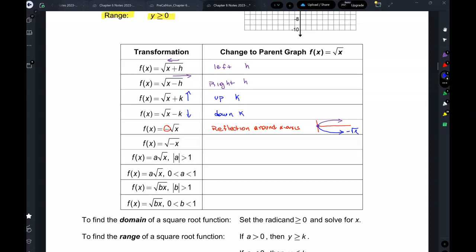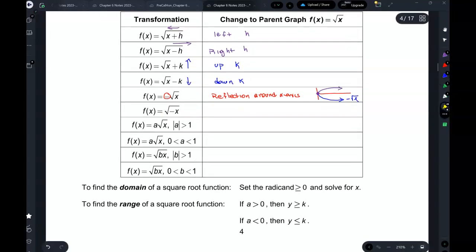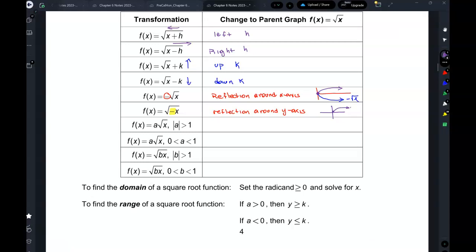Now, if I have a negative inside, this is a reflection around the y-axis. So how does that look then? This is how the regular y equals root x looks. And if there is a reflection around the y-axis, it actually goes the opposite way, like this, the square root of negative x. You see that?